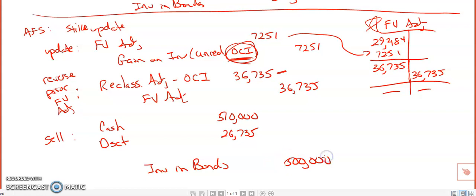All right. Now look, here we've always been recording it in other comprehensive income. We have not recorded anything on the income statement. So now we actually have to record the realized gain, all right, for the 36,735. Okay, so let's think about this. This gain goes into our income statement, which increases income. Remember, the income statement gets closed out to retained earnings, and retained earnings ends up in the equity section.